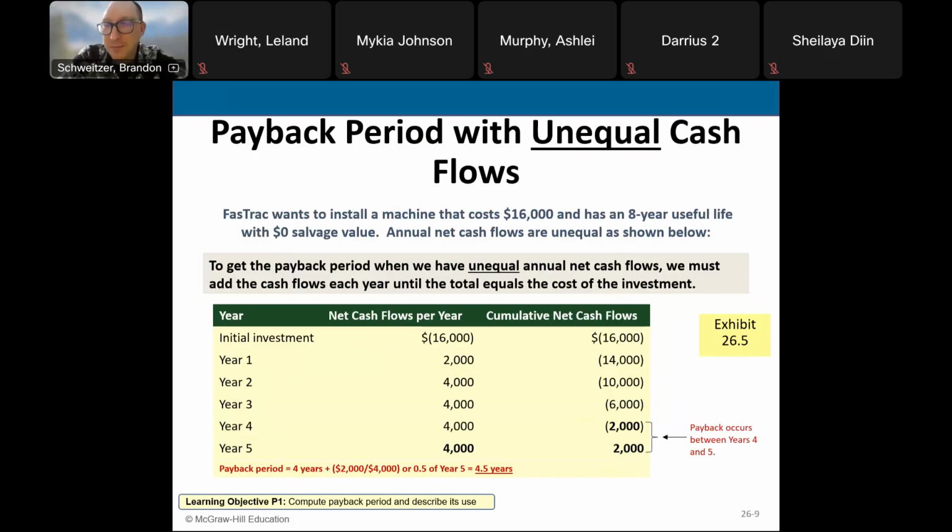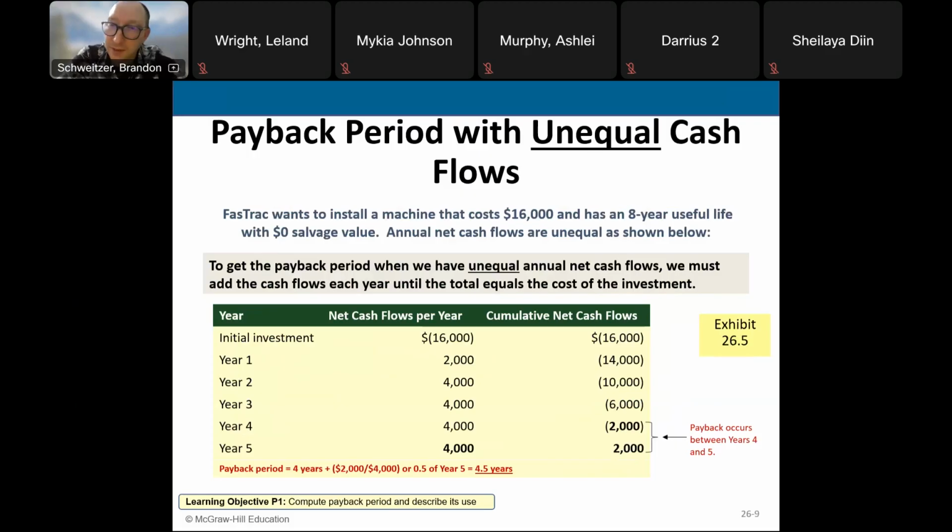Using the same scenario, the machine costs 16,000, has a useful life of 8 years, and the salvage value is 0. Let's figure out the payback period using unequal cash flows. Now, there's a real simple way to do this. We take year 0 as being the total initial outflow for the investment in the machinery.